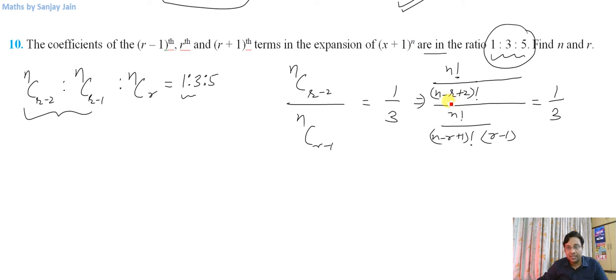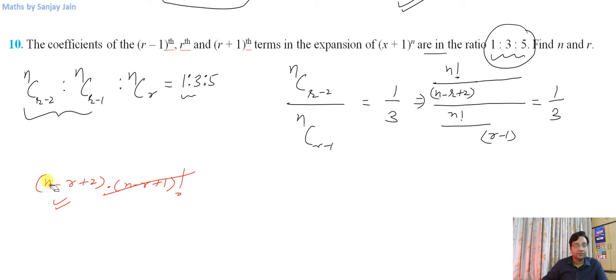Now look at this. This is n minus r plus 2 factorial. Can I write it as n minus r plus 2 into n minus r plus 1 factorial? Can I write it like this? Because then I will cancel this with this term and I will be left with this. So I'll remove this factorial from here and this entire term from here.